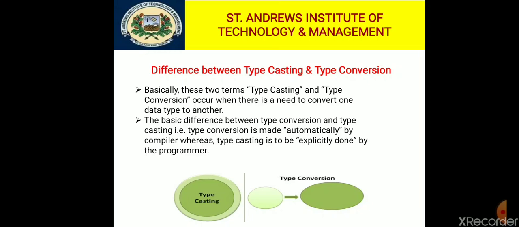On the basis of size, in typecasting the destination type can be smaller than the source type, but in type conversion the destination type must be larger than the source type. So these are the basic differences between typecasting and type conversion.